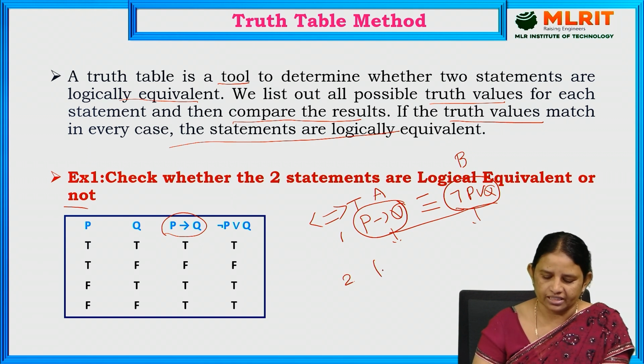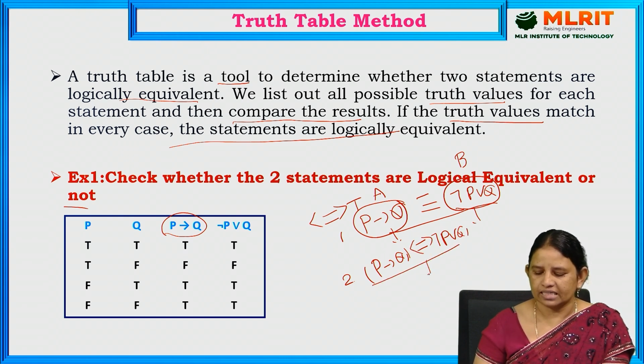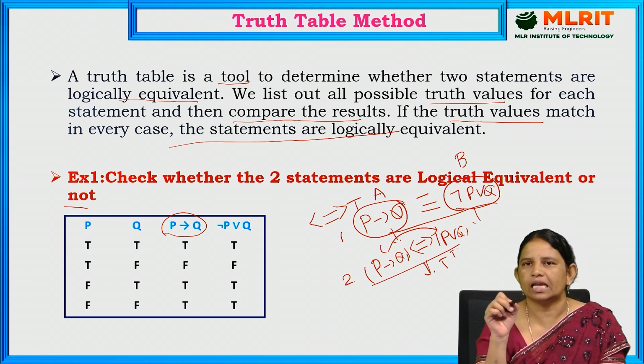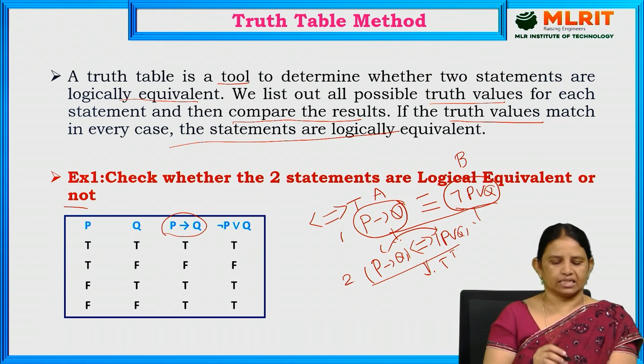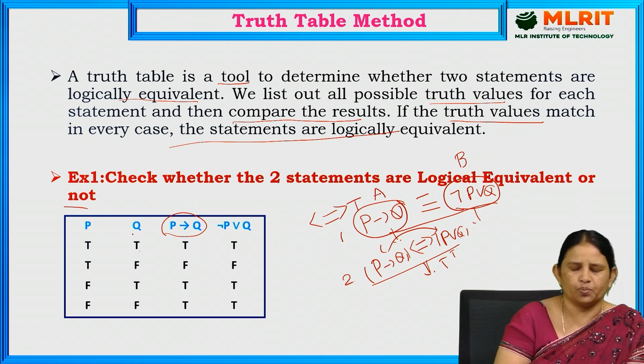The second condition is P conditional Q, then negation P or Q, both return as a tautology. So we need to apply the biconditional to these two propositions. If it returns a tautology, then the two statements are said to be logically equivalent. Let us discuss by taking an example. P and Q: there are two propositions, so by default there are four rows in the truth table.